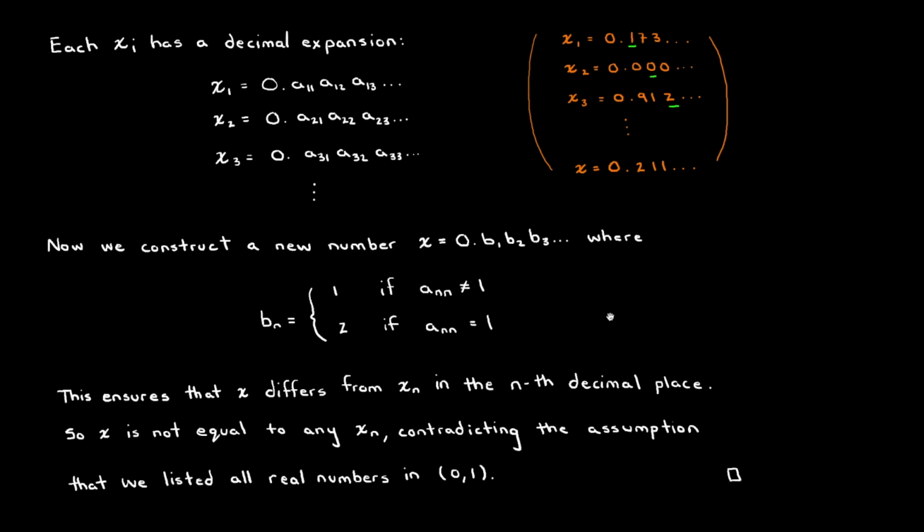And so this number x is an element of the open interval from 0 to 1, but it's not a part of our list. So we ended up missing this number, and this contradicts that we actually listed out all the numbers in the open interval from 0 to 1. So there is no bijection between the natural numbers and the open interval from 0 to 1. There will always be numbers left out on our list.